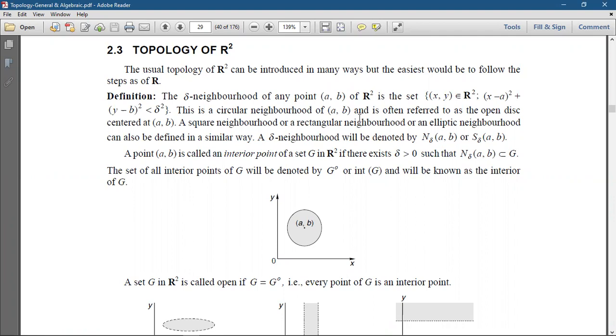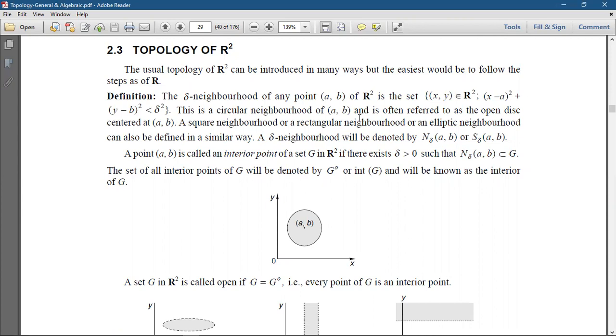A square neighborhood, a rectangular neighborhood or an elliptic neighborhood can also be defined in a similar way. A delta neighborhood will be denoted by N delta (a, b) or S delta (a, b), that means sphere of delta (a, b).